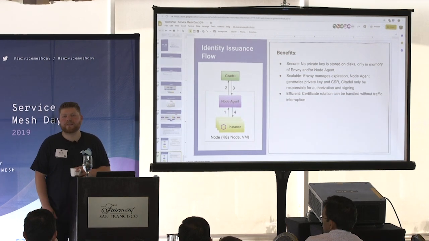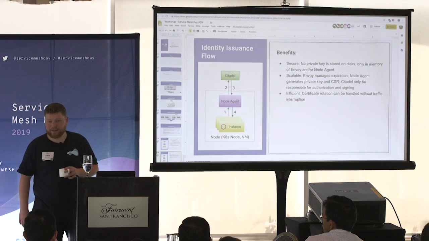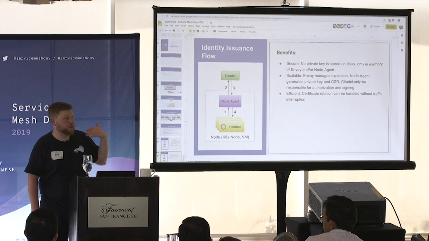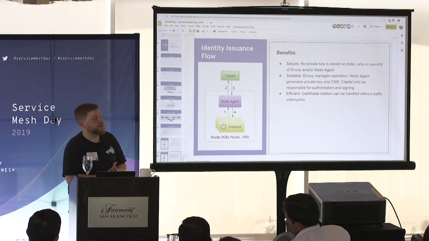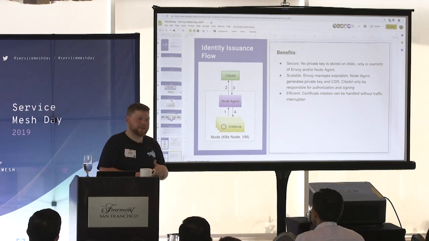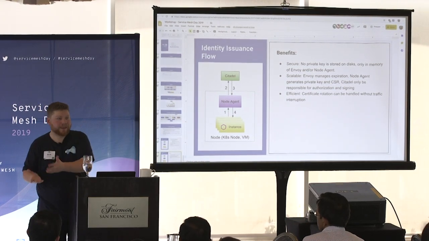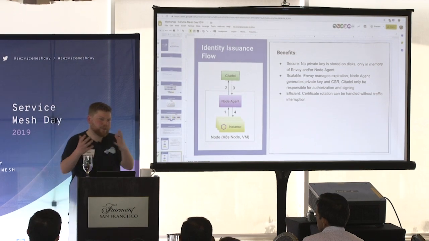One of the ways that we want to fix this is implement ACME in Citadel. So ACME is an automatic certificate issuance protocol. If you've ever used Let's Encrypt to go get an HTTP certificate, those are the people that developed ACME, the certificate management infrastructure.